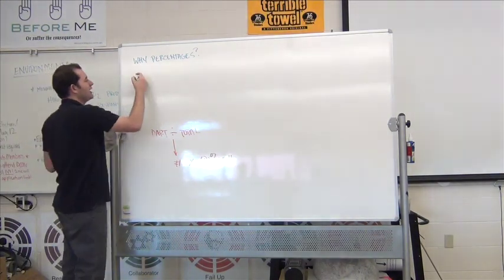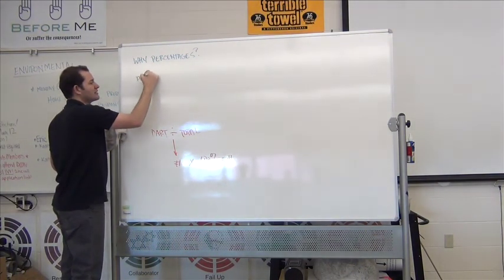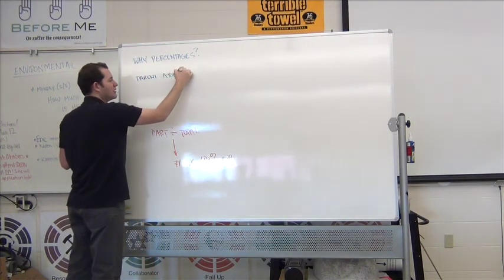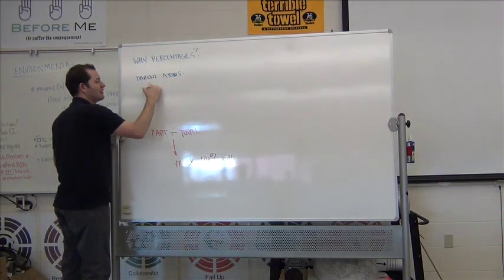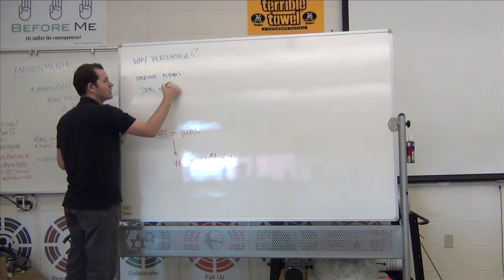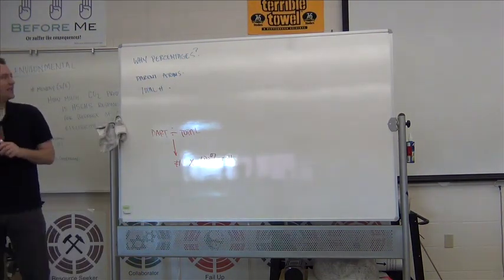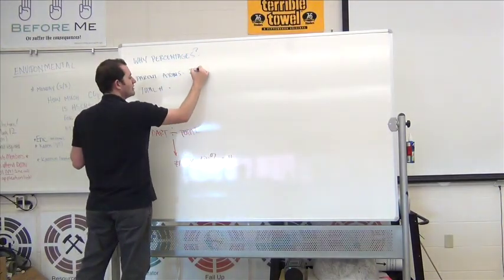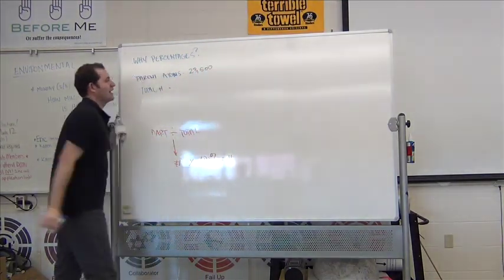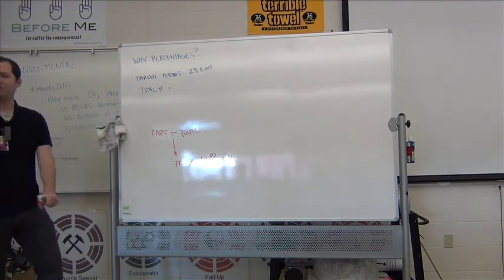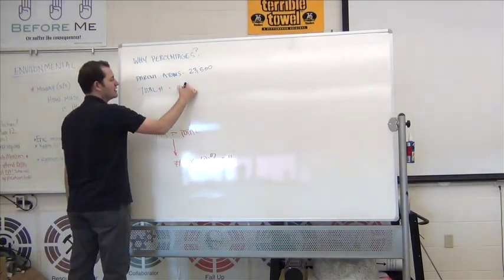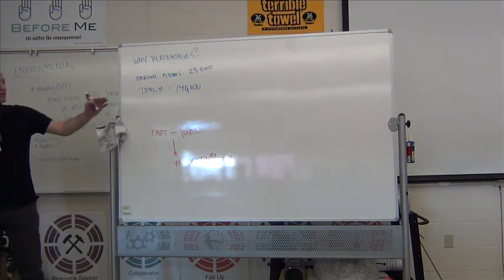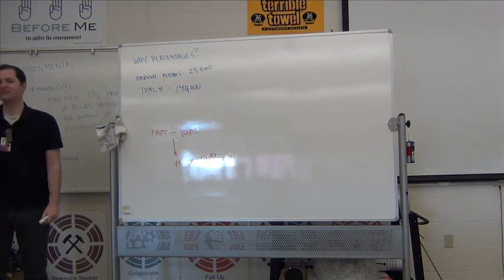Let's say we've got parent atoms, and we know the total number of atoms. Okay, so let's say we have 23,500 parent atoms, and we know that the total amount was 140,000 atoms. Okay, who can tell me what I need to do here?